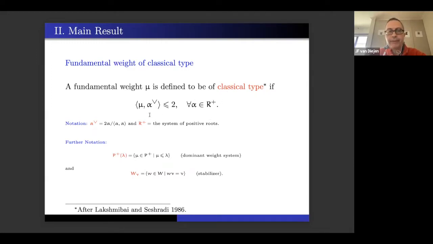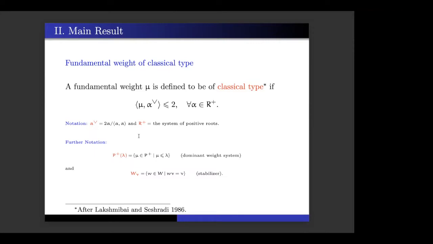It means that if you take the weight and pair it with the positive co-roots, then this number should not exceed 2. If this bound is 1, then you get exactly the minuscule fundamental weights. But if it's 2, then you get a little bit wider range of fundamental weights, which are called in the literature fundamental weights of classical type. So this is the type of weights that the formula can handle.